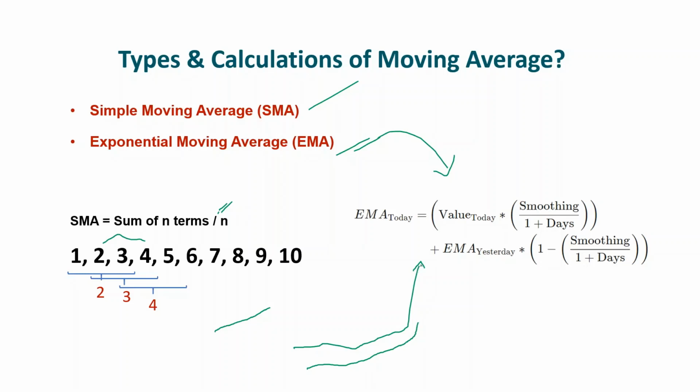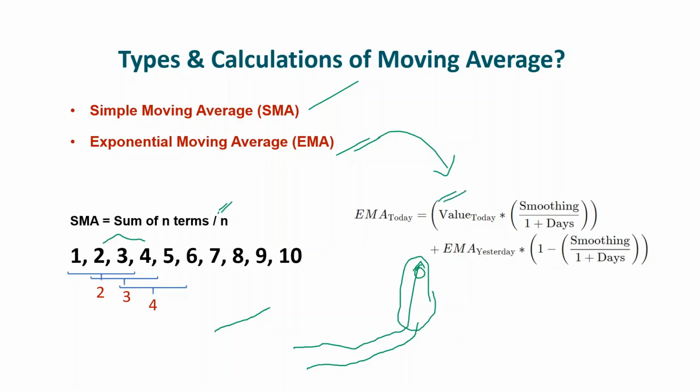That's a simple moving average, where the weight of each day is the same, be it day 4, day 3, day 2, day 1, all the weightage is the same. Here in exponential moving average the weight has been differed. Now I am giving more weightage to the recent candles, so this candle has been given more weightage.